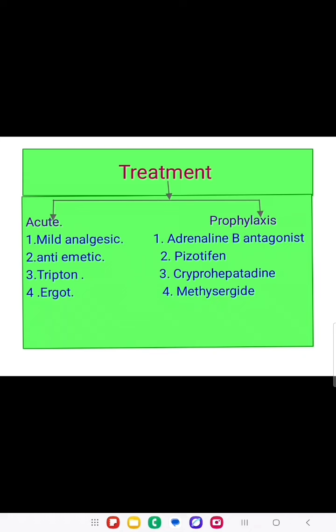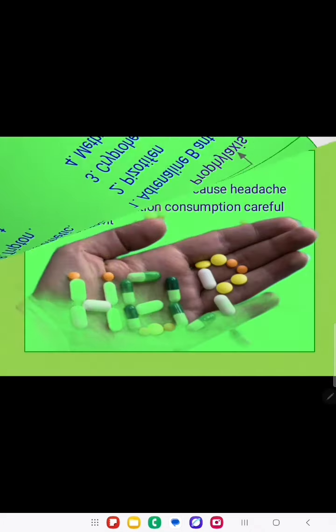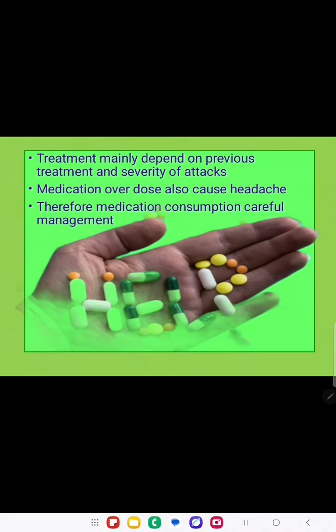Prophylaxis means we treat the patient before the disease. Treatment mainly depends on the previous treatment and the severity of the attack. Medication overuse can worsen headache. Therefore, medication consumption needs careful management.